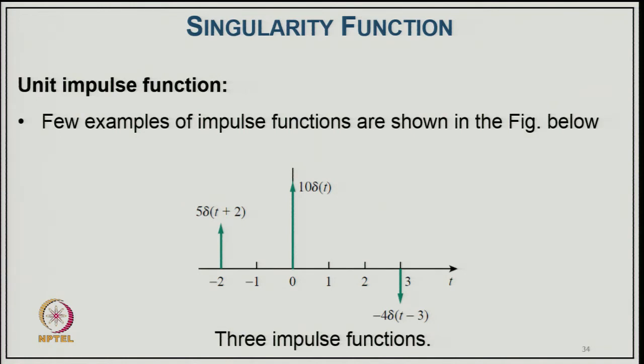Then we have an impulse function delayed by 3 seconds, that is minus 4 delta t minus 3, typically called a delayed impulse function. So graphically we can show these 3 impulse functions, which are either advanced, at t equal to 0, or delayed by 3 seconds.